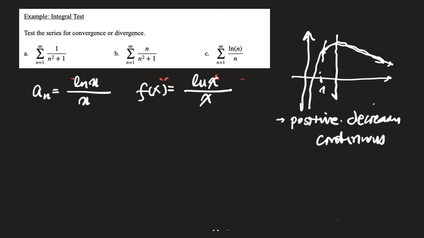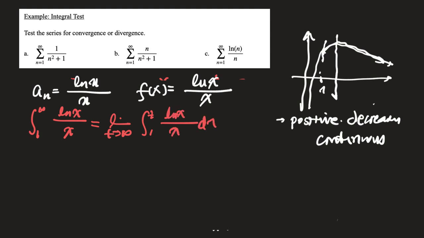Now we're going to calculate the improper integral of this function using the definition of improper integral, then find the antiderivative. You do u substitution: u is ln x, du is 1 over x.